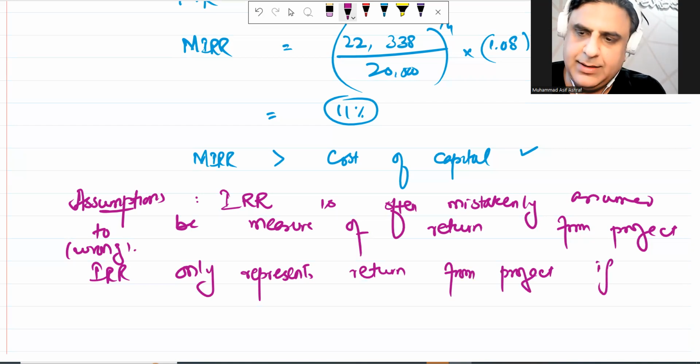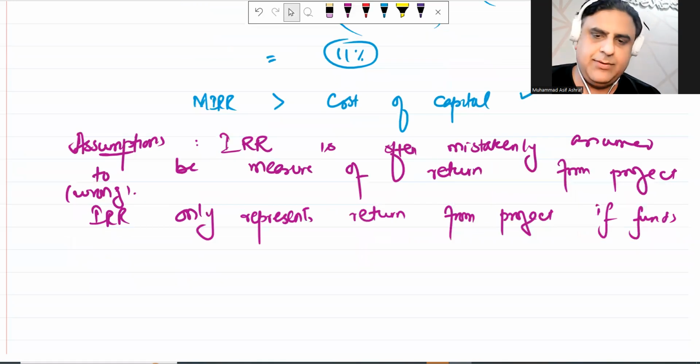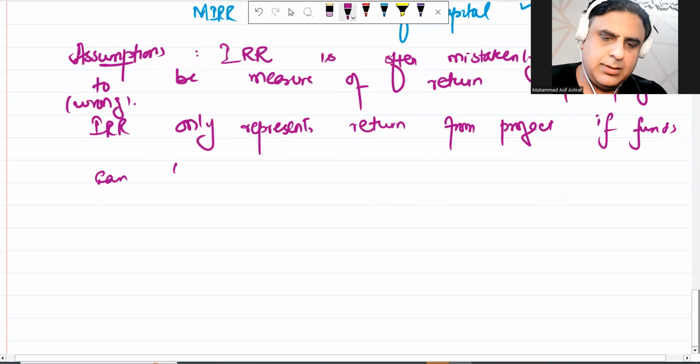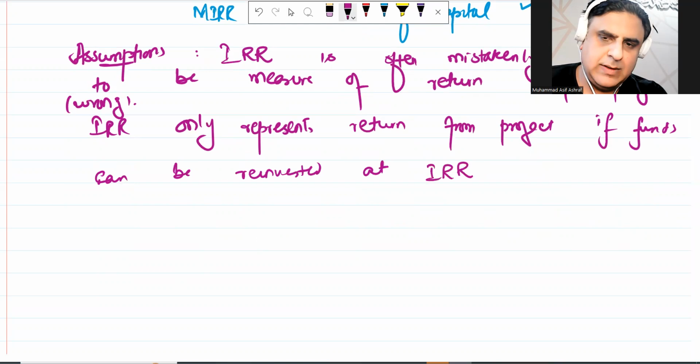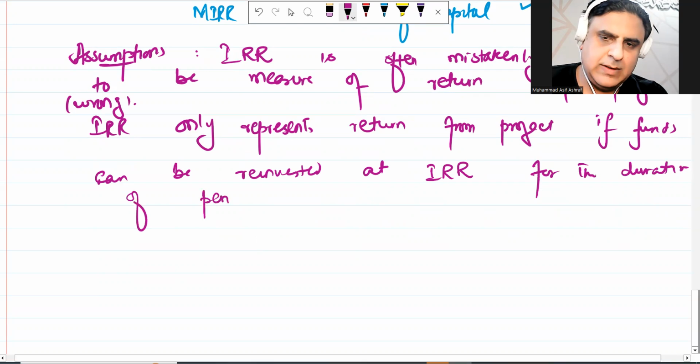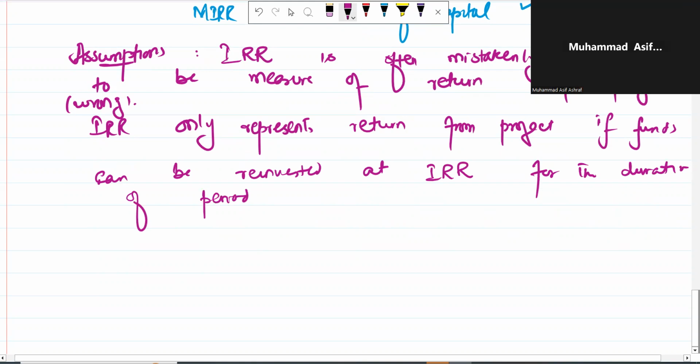if the funds can be reinvested at IRR for the duration of the period. So for example, what is the meaning of this point?